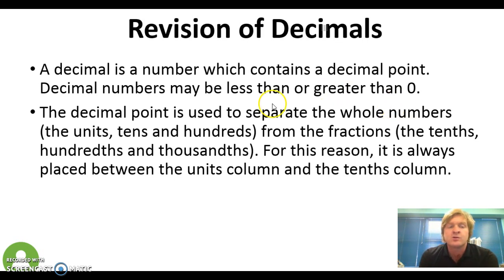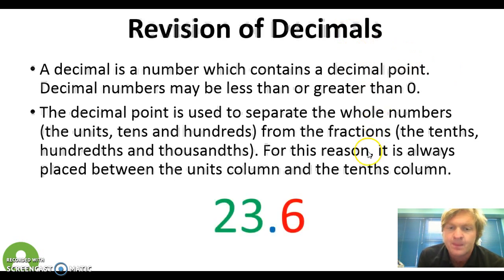For this reason, it is always placed between the units column and the tenths column. The units column could also be known as the ones column. 23 decimal point 6 would read as 2 tens, 3 ones, and 6 tenths.